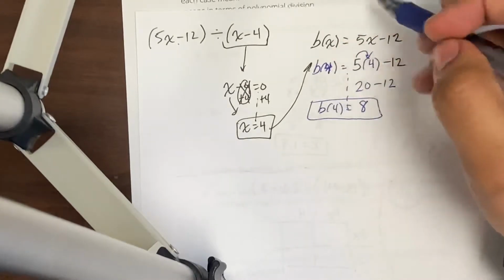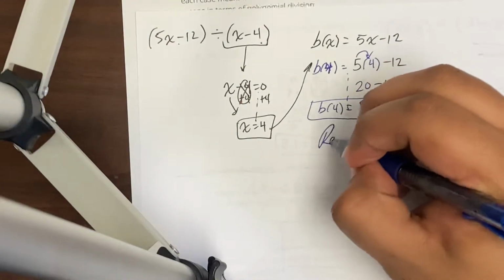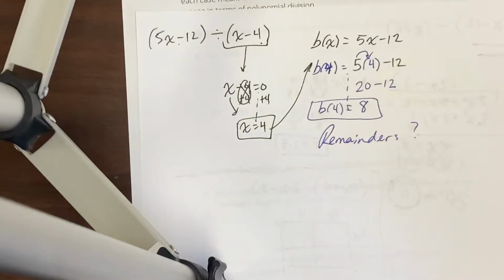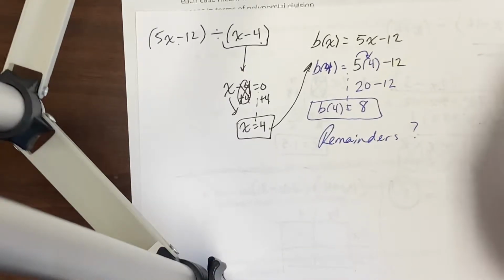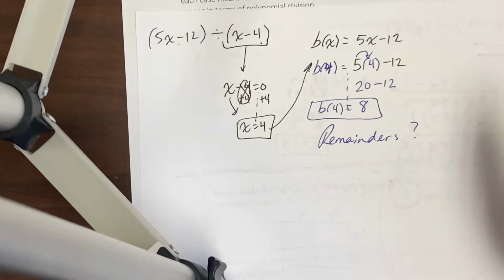Of course, that means that this is not a factor. So, what do we do with remainders? It's going to look a little funny. Because it's my remainder, I need to write this out a little bit differently, okay? Give me 1 second.